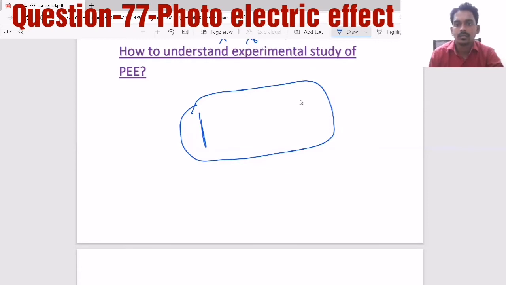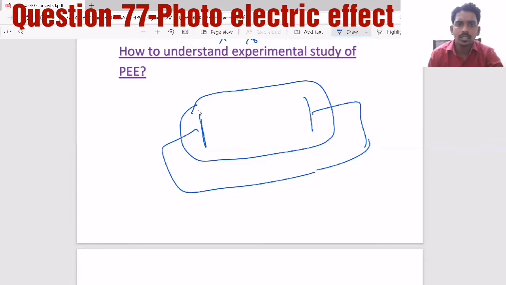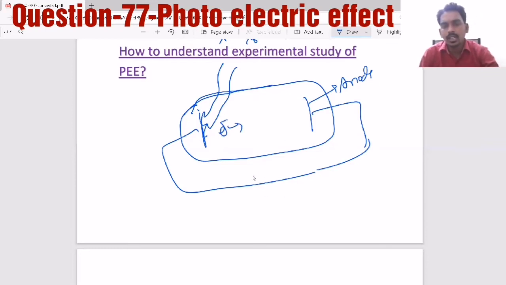Now, how to understand the experimental study: consider one vacuum chamber, like a circuit. This is like cathode, this is like anode. Now light falls on this through the transparent window, so that the electron will emit. When electron emits due to photoelectric effect, the electron may come out with zero velocity or maximum velocity or any velocity.